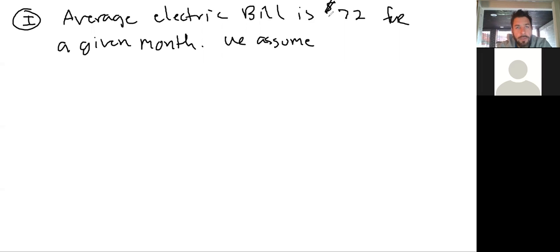So we don't expect everybody in our neighborhood or apartment complex or county or city to have the same electric bill, at least cost value every month. And so if we took a bunch of electric bills and computed an average, we could easily do that.